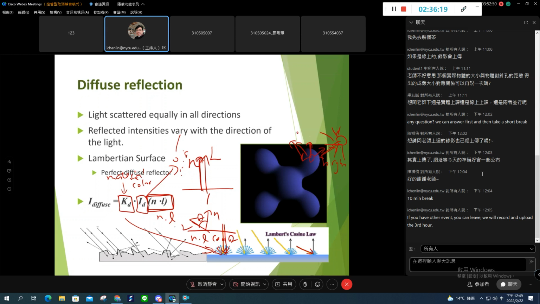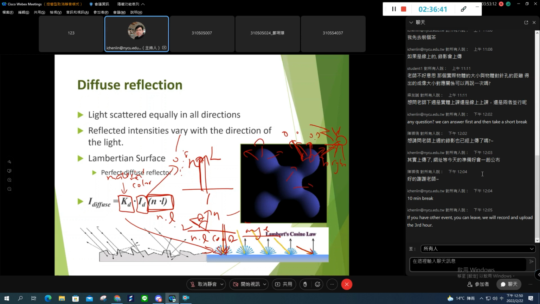For instance, the reflection is 0.7 here, and here it will become 0, right? So you can see that given a single light source here, your result image is related to your surface normal.